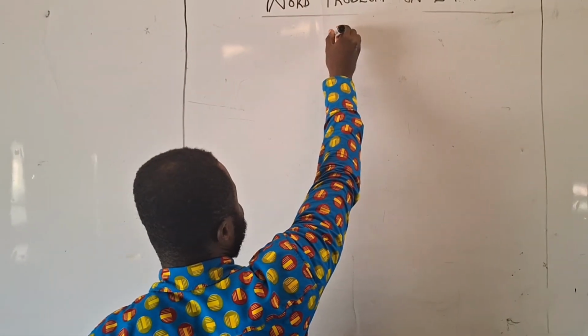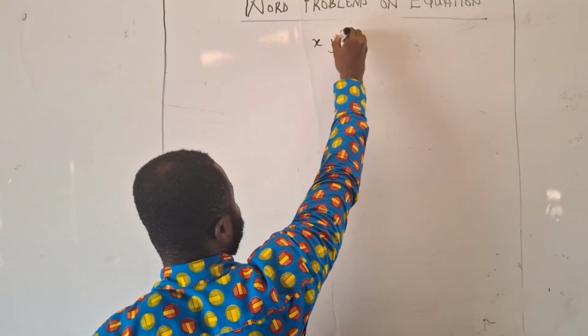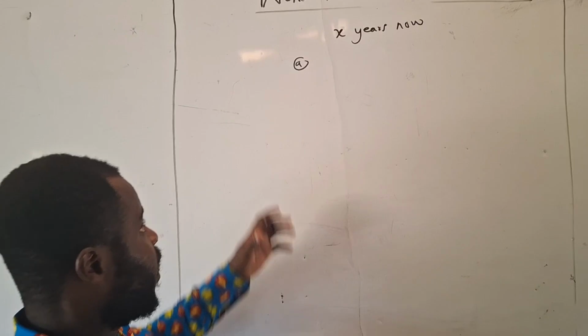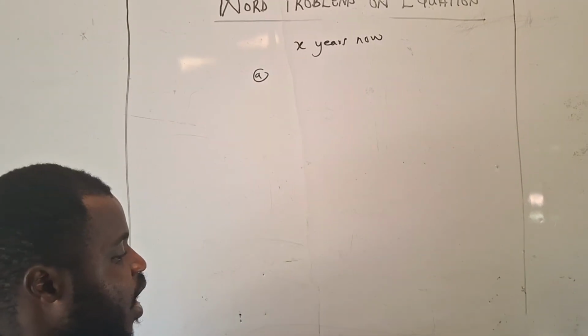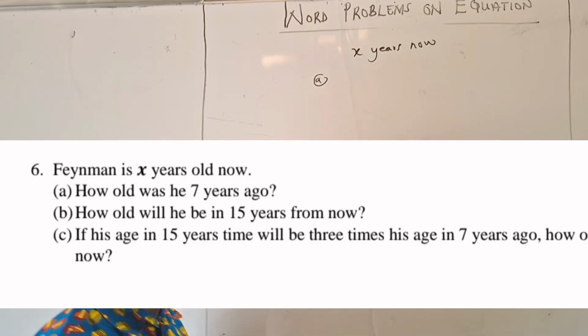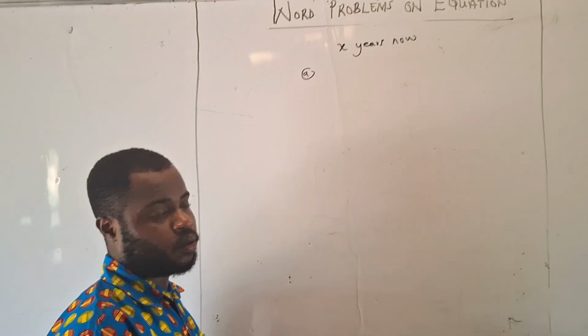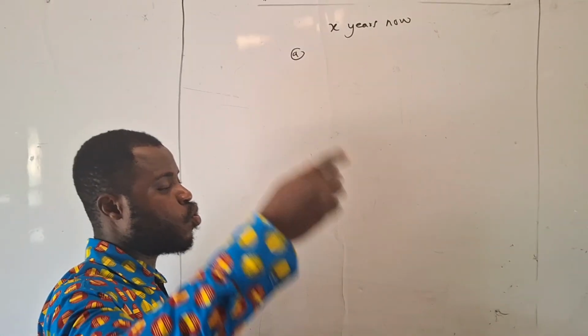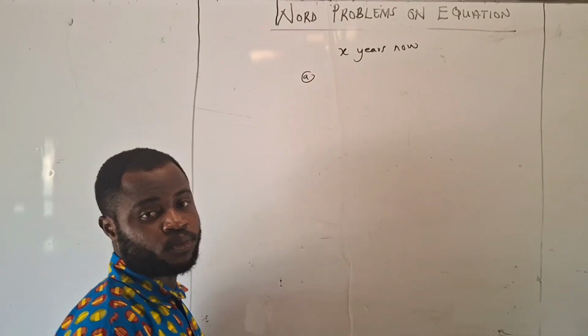So he is x years now. Now A says, how old was he 7 years ago? So just take it out. Let's say you yourself, you are 10 years now. So 7 years ago, how old were you?